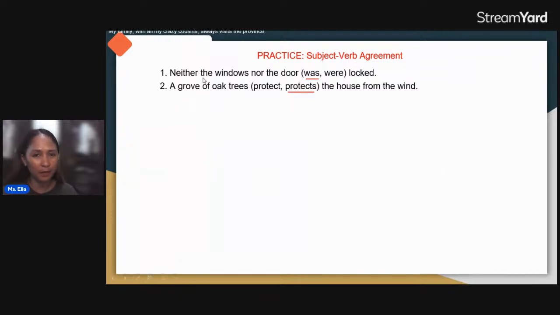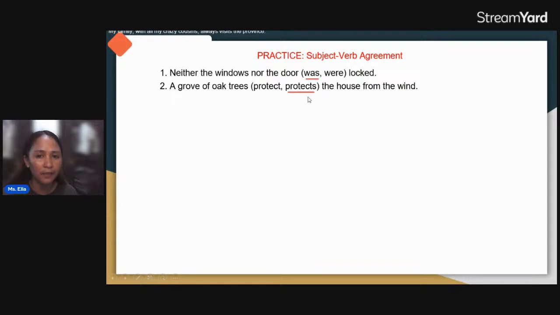Again, why? Because of a grove of oak trees. No matter what noun it is, plural or singular, if they use a grove of, like a group, they act as a group, so they're considered singular and must take a singular verb.